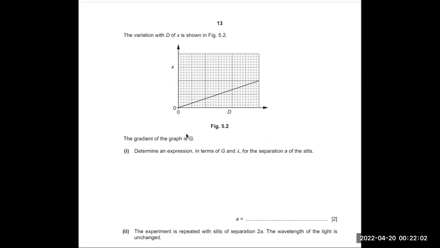Now, the first thing that you should know is that x is equal to lambda d over a. What do we have on the y-axis? We've got x on the y-axis. What do we have on the x-axis? We've got d on the x-axis.